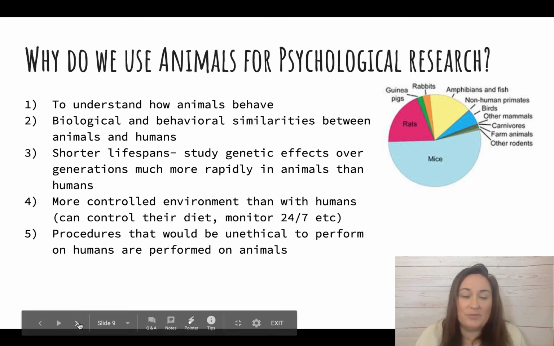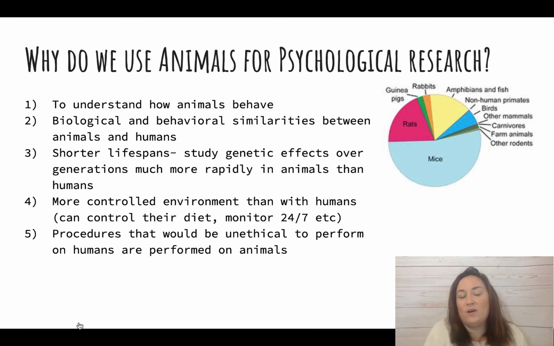So animals, why do we use animals for psychological research? We actually have a lot of curiosity towards understanding animals, and that drives some of the research itself, just to understand how they behave. There are also biological and behavioral similarities between animals and humans, and so they're helpful to us in that way. But you can't just study a human.